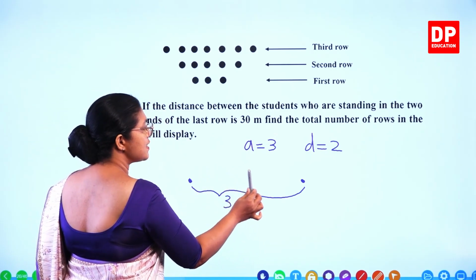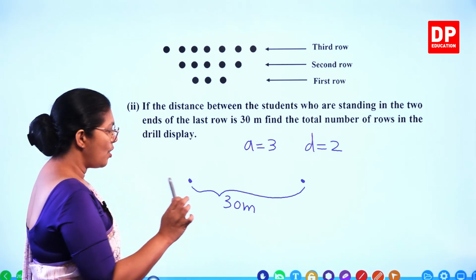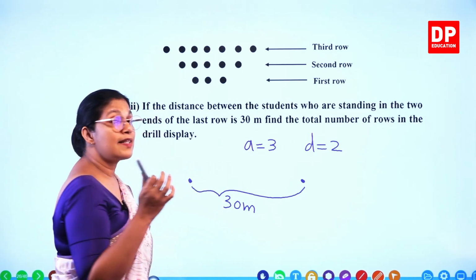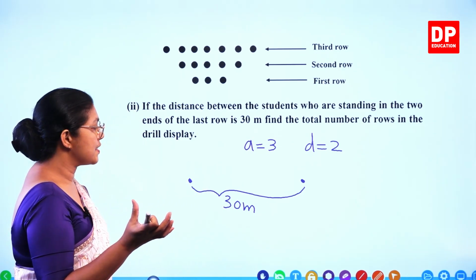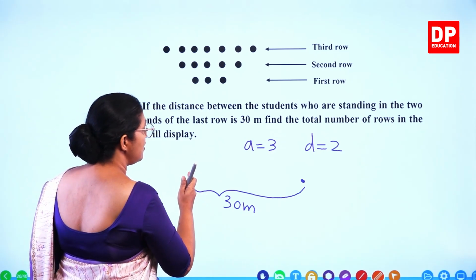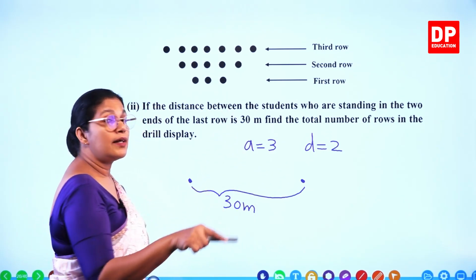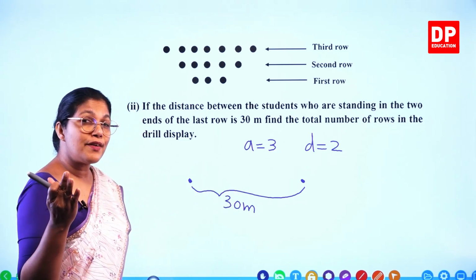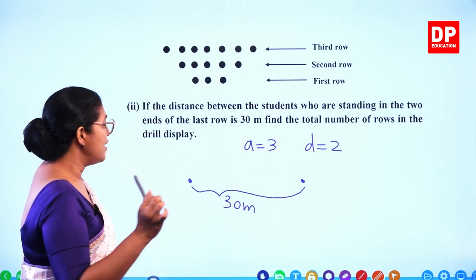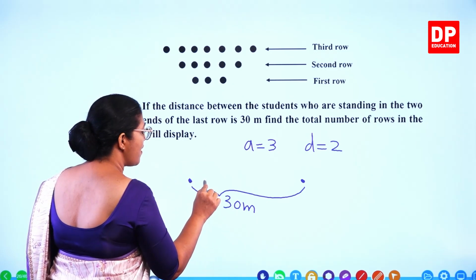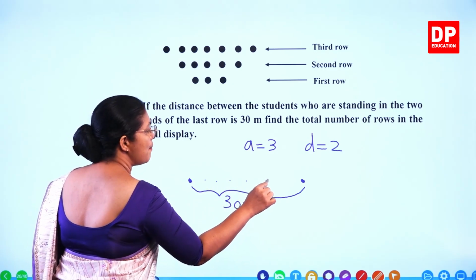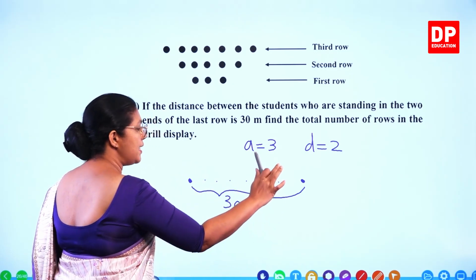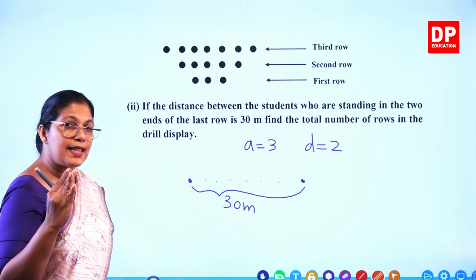How many students are there in the last row? How would you do that? This is similar to finding gaps, like when you have a piece of land and you find out how many poles there are around the land. There are several students with the same gap, and the total is 30 meters.